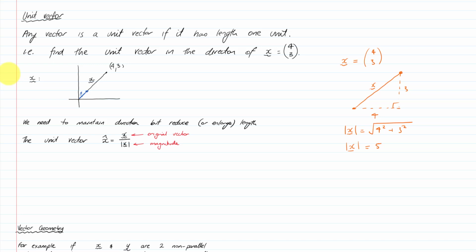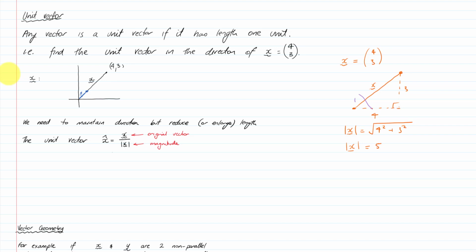And so if I go back to this question talking about unit vectors, in this case the magnitude of x is 5. The unit vector in the direction of x, well, x is too long, so the unit vector needs to be cut somewhere down here, so this is 1. If the total length of x is 5, then the unit vector will be the vector x divided by 5.